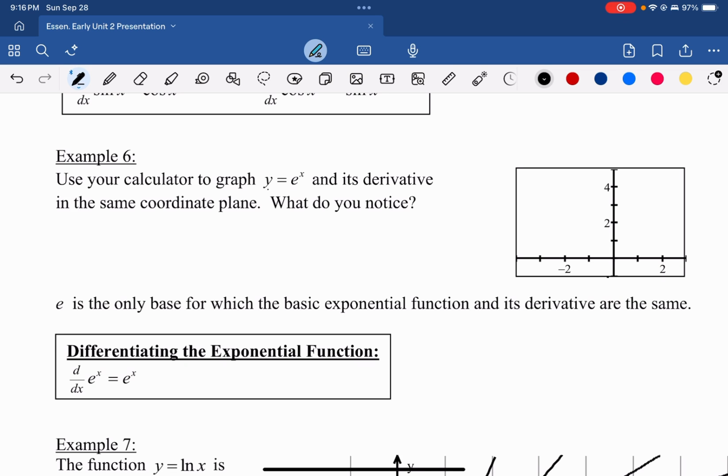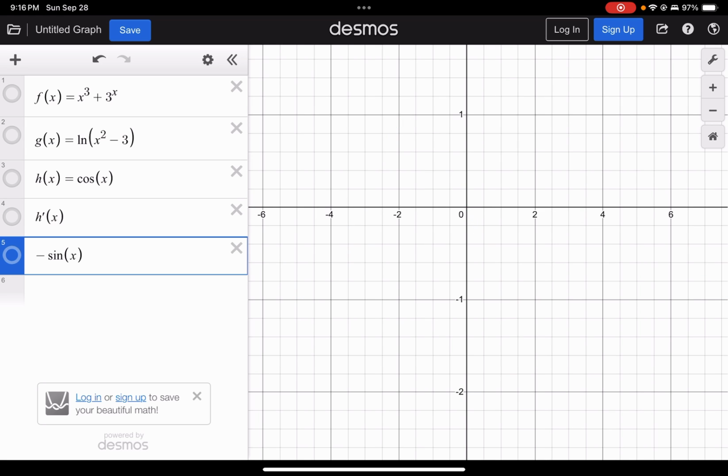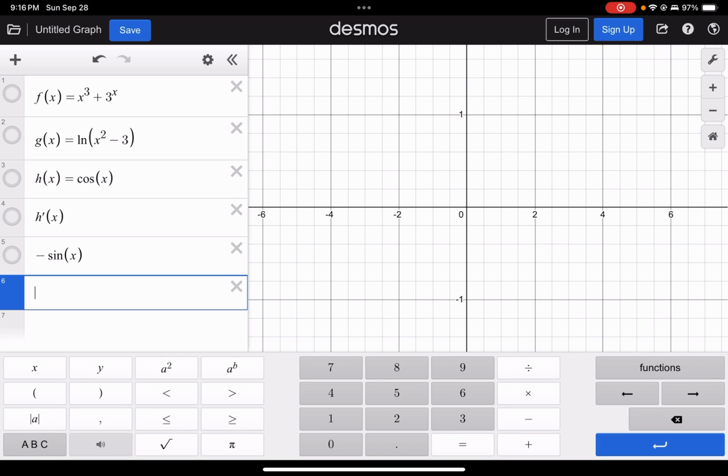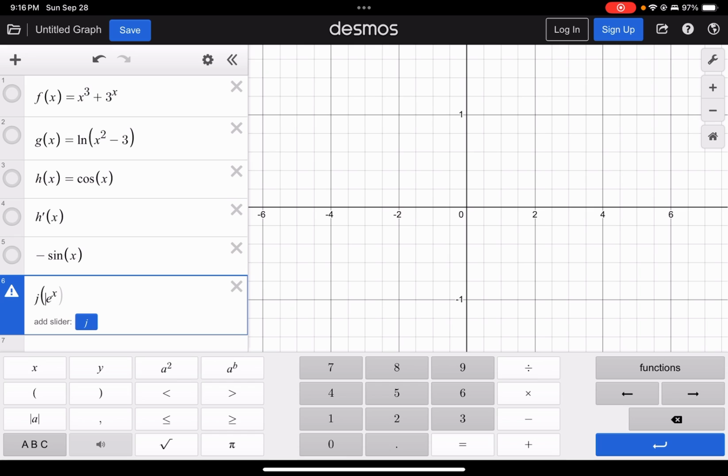Next, example 6. Use your calculator to graph y equals e to the x and its derivative in the same coordinate plane. What do you notice? I'm going to go back to my Desmos and turn those off. We want e to the x, and I'm going to name this function j of x.